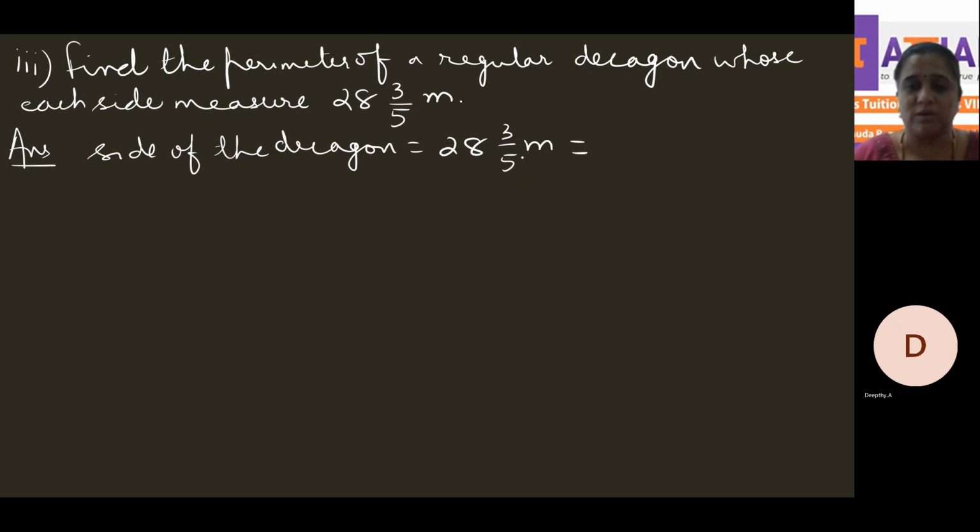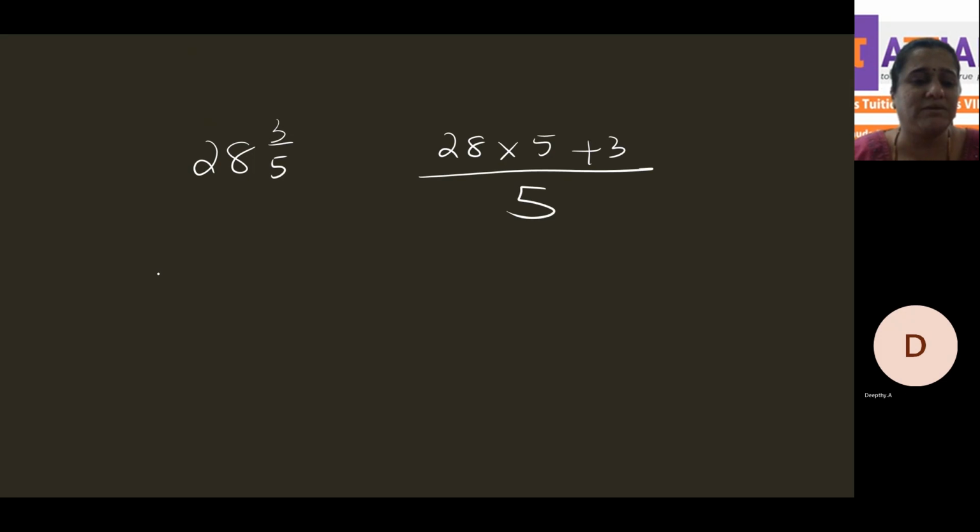How do you convert this to an improper fraction? Okay, I'll show you here. So 28, 3 by 5. Multiply 28 into 5 plus 3 by 5. See, it's like this. Multiply these two numbers, and to that product add 3.